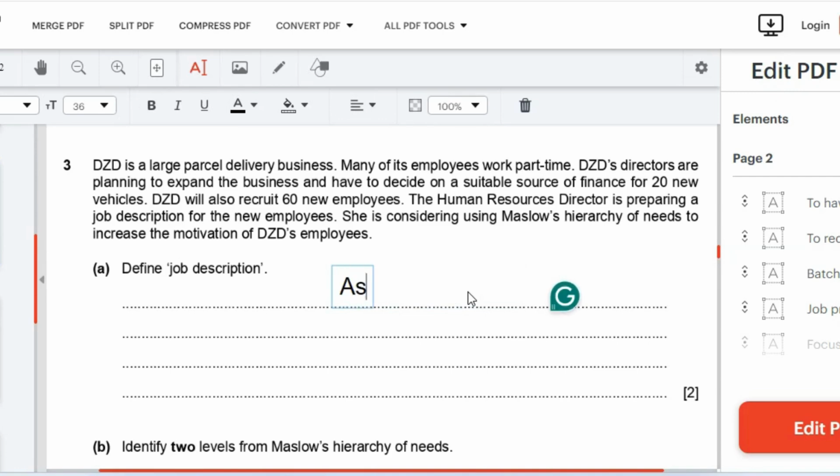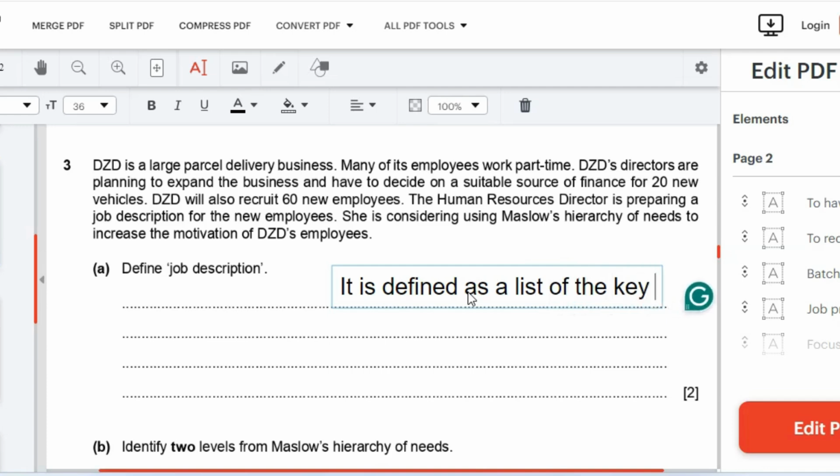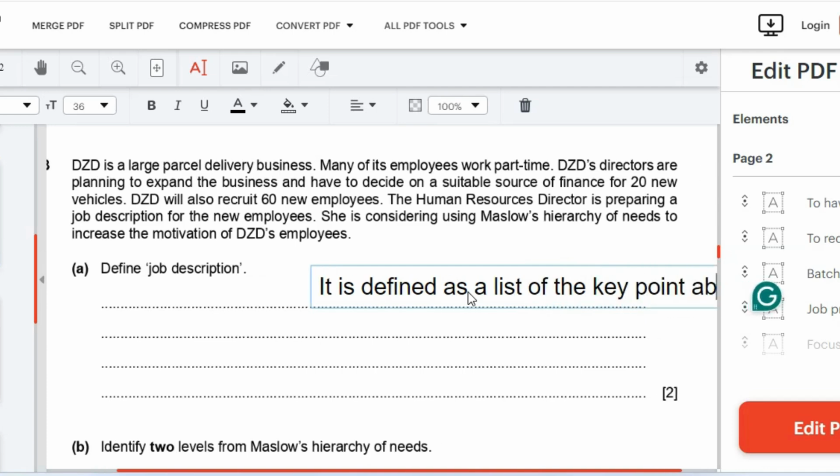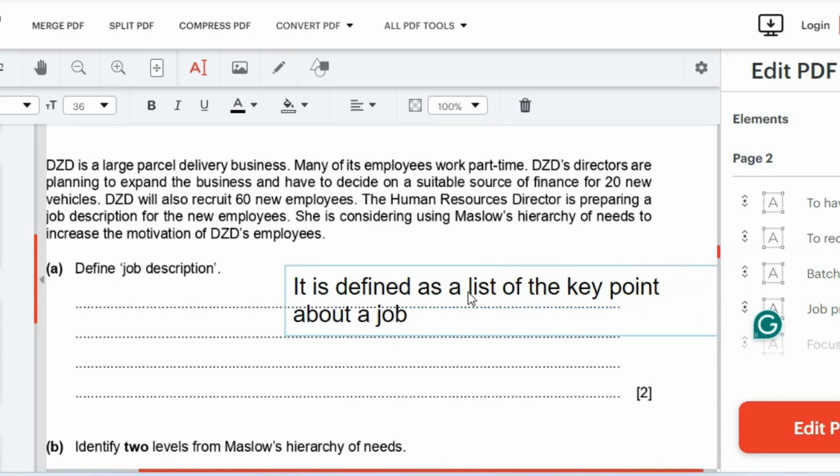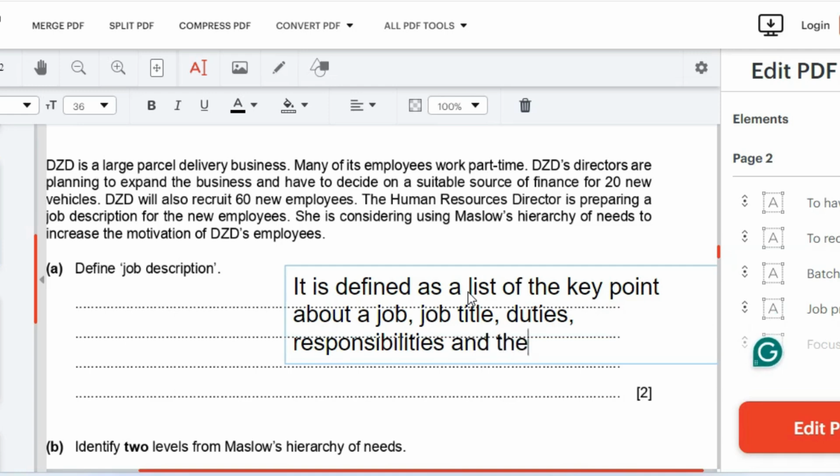It is defined as a list of the key points about a job: the job title, the duties, responsibilities, and the accountability.